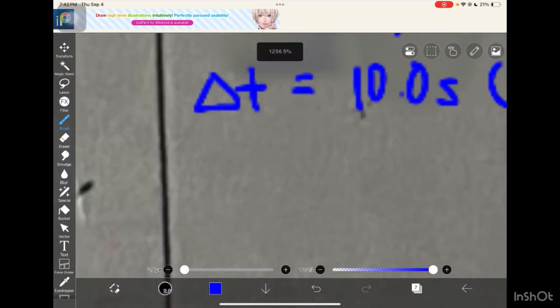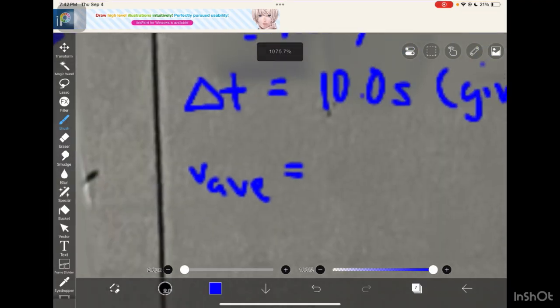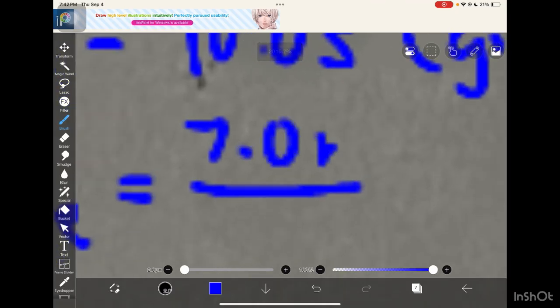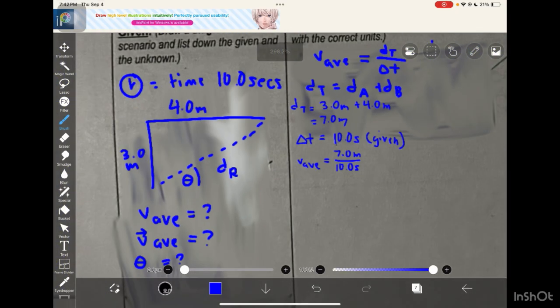All right, so therefore V ave is equal to 7.0 meters over 10.0 seconds.